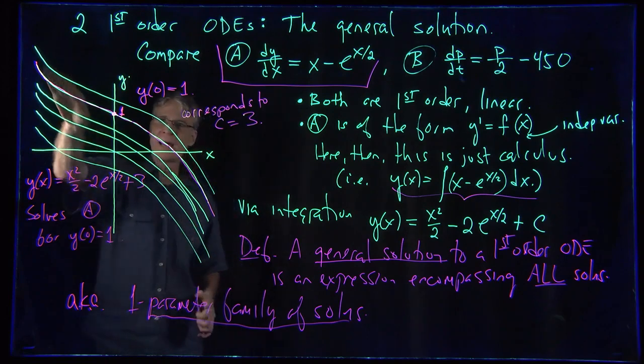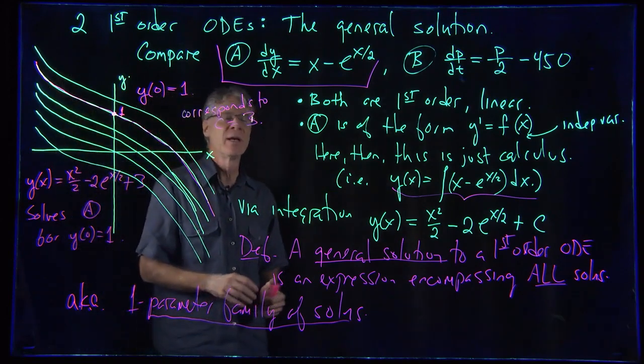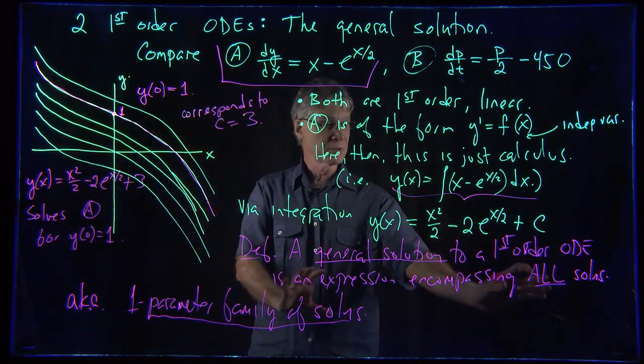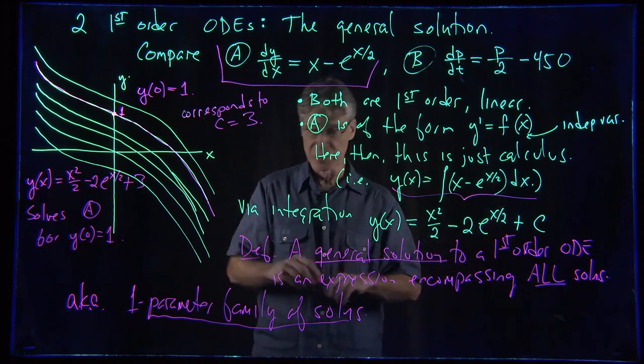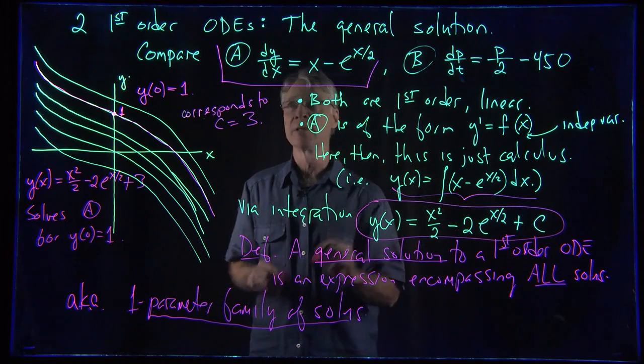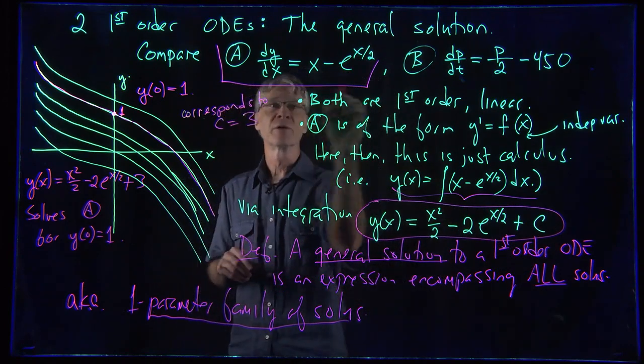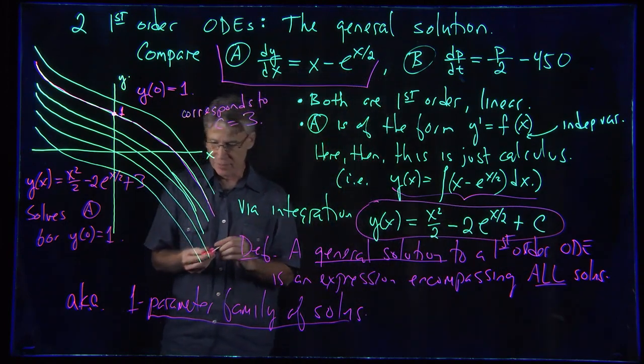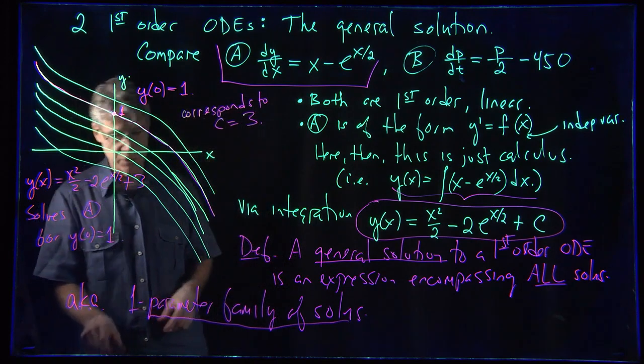And that allows me to draw my particular curve, but the general solution is not that. The general solution is an entire family of curves, and this here becomes the general solution to this particular differential equation. And that's enough for now, basically defining what a general solution is.